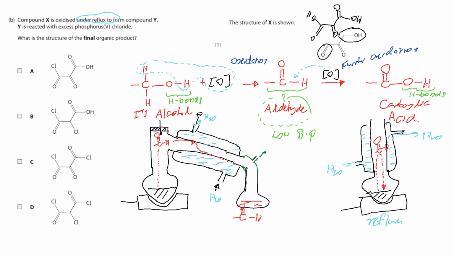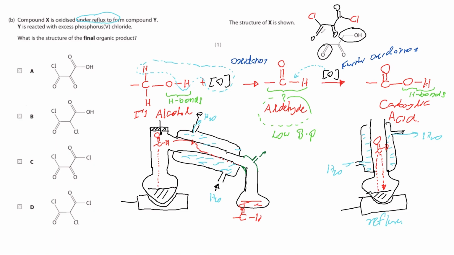Now they say that which made the carboxylic acid, what we are going to do is add PCl5. When you add PCl5, what simply happens is the OH group gets replaced by a chlorine atom. So instead of the OH group, I'm going to draw chlorine atoms there. So I need to find the structure which looks like this.